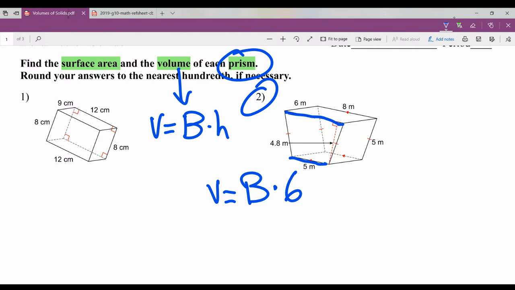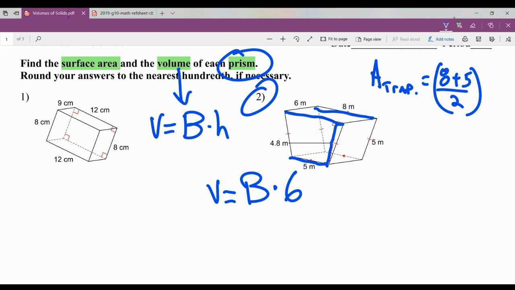So for area of a trapezoid, it's the average of those two bases, which would be 8 and 5. So that means it's 8 plus 5 divided by 2 times the height. Well, they show you that height is 4.8.